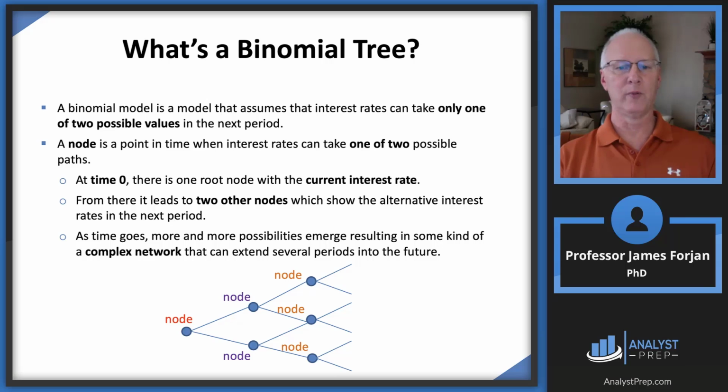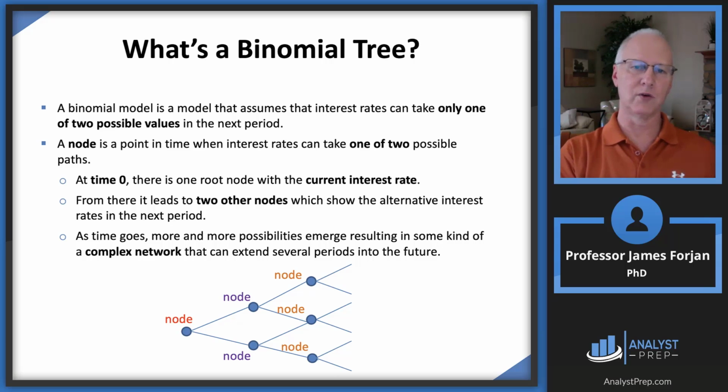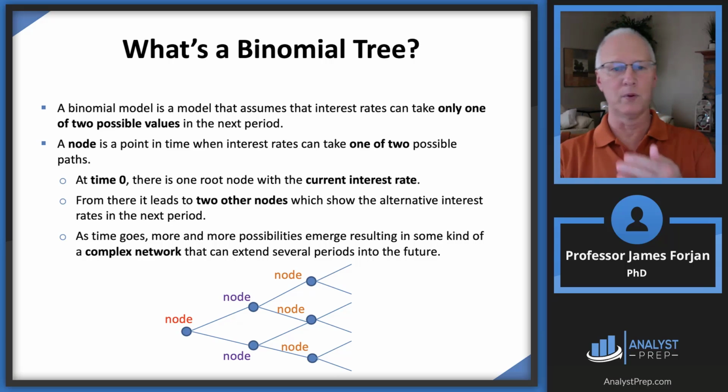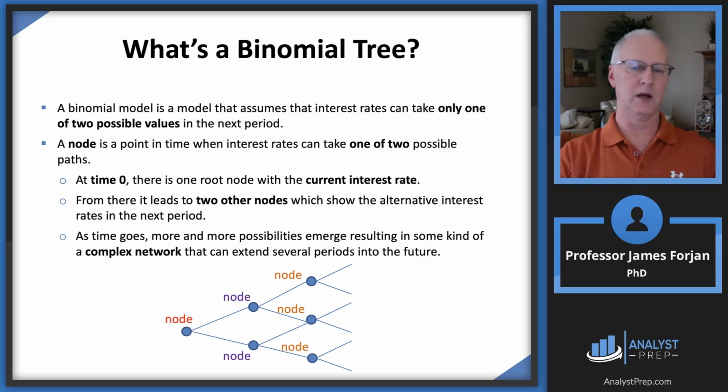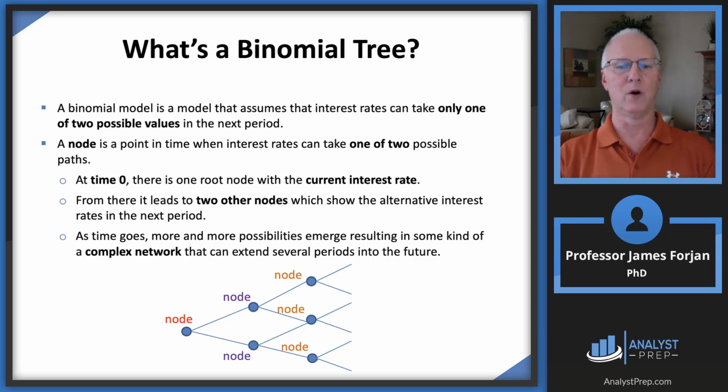So this binomial tree means that we can start at the root and we can either move upwards or we can move downwards. And so the purple nodes are those two possibilities at the end of the first period. So time period 0 is red, time period 1 is purple, and then what can happen at time period 2, orange?